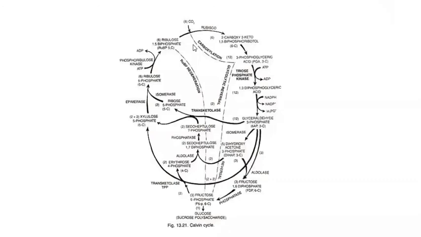But when six molecules enter in order to form one molecule of glucose, then in total 12 NADPH2 and 18 ATP molecules are utilized to convert the carbon dioxide into glucose.